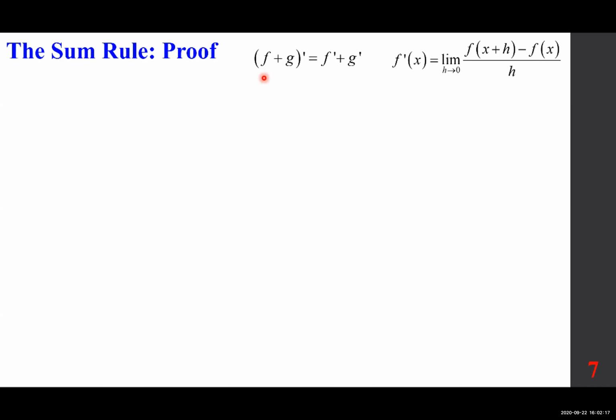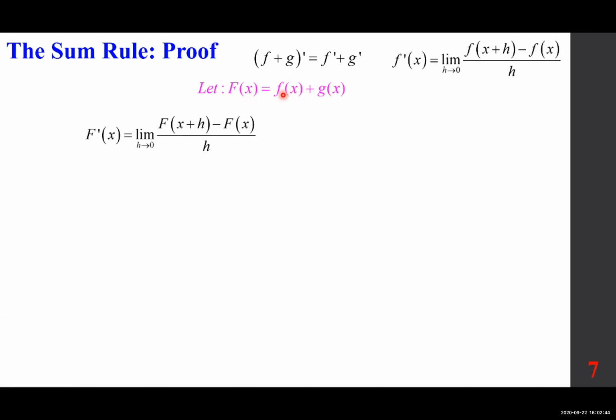Okay. Here's the process. We let capital F of x represent this, and we're going to put it in here. And we're going to write capital F prime is the limit of (F(x + h) minus F(x)) over h. Now we are going to replace this with this and this.